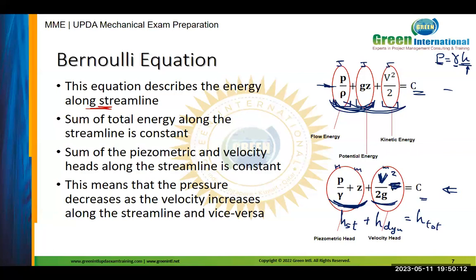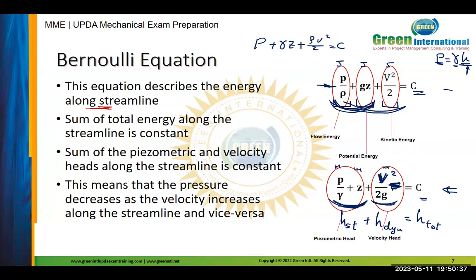That's great. Bernoulli equation is based on the assumption that, any idea? All of the above.